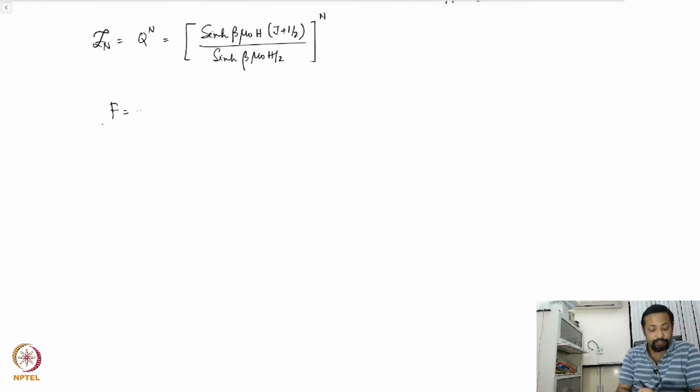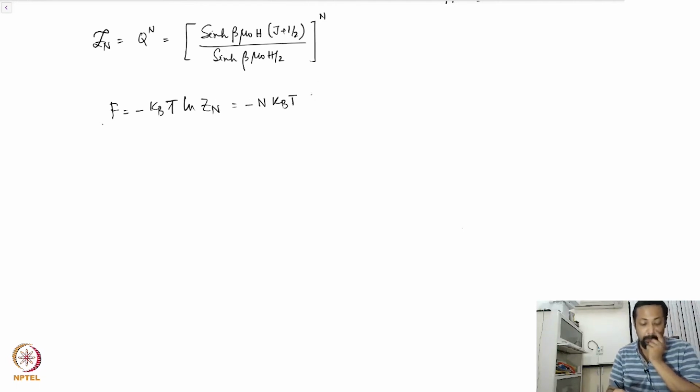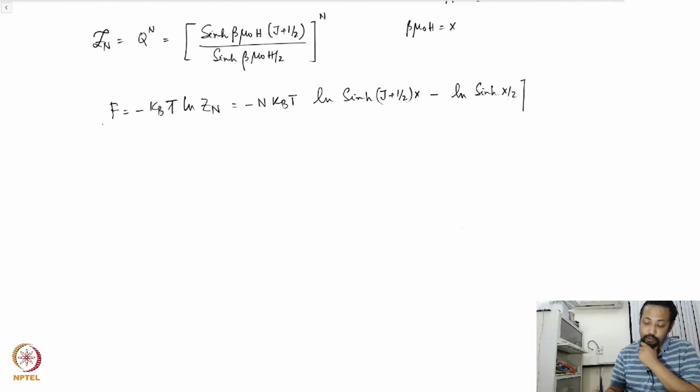Free energy is minus kBT ln of Zn, which you have as minus n kBT times ln of sine hyperbolic, we will call beta mu naught h as equal to x, so that (j plus half) times x, minus ln sine hyperbolic x by 2.